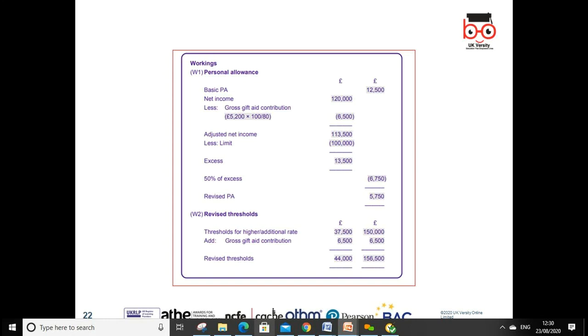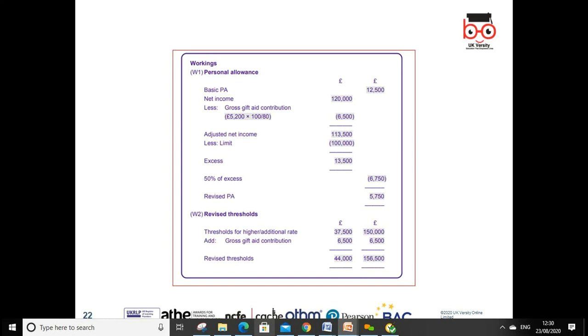Less gross gift aid: the tax was already deducted on what you gave, 5,200 times 100 divided by 80, so 6,500. So you can reduce your taxable income now to 113,500, less the limit of 100,000, so 13,500 divided by 2, 50%.